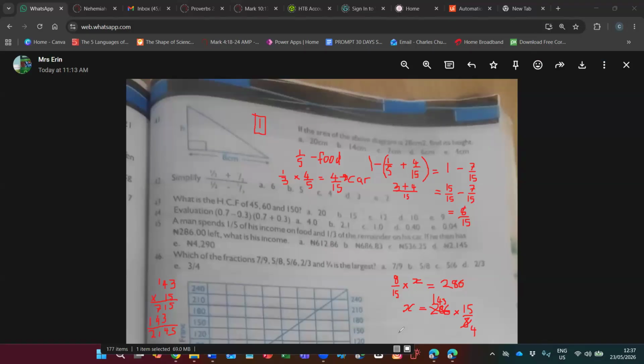So 2,145/4, that's what is going to be our x. So it's not a whole number. So what's that going to be? 2,145 divided by 4.